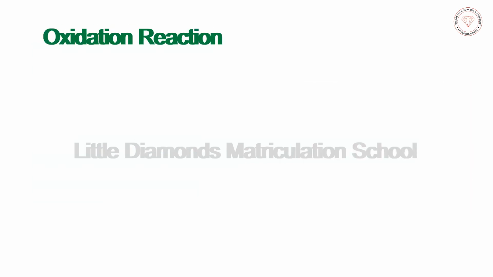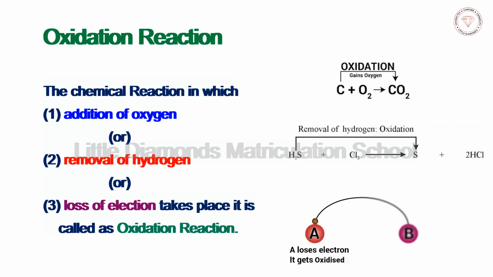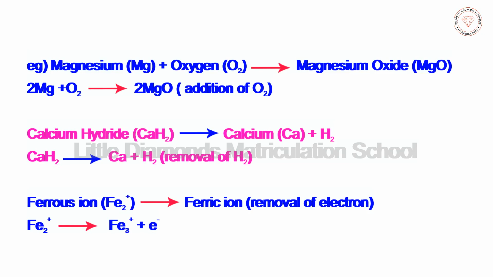Oxidation reaction. The chemical reaction in which an addition of oxygen or a removal of hydrogen or loss of electron takes place is called an oxidation reaction. Example, magnesium reacts with oxygen giving magnesium oxide.